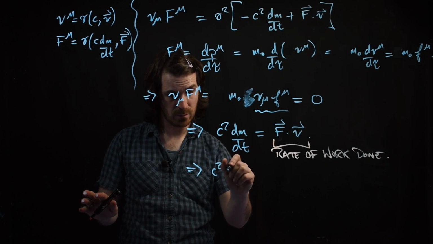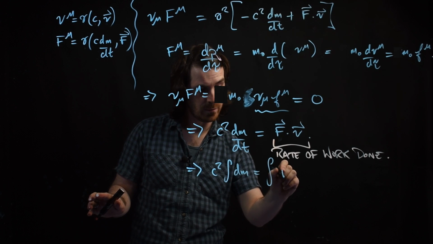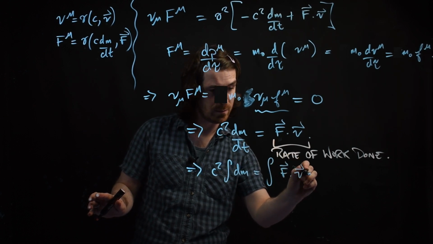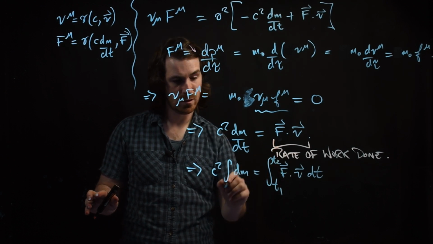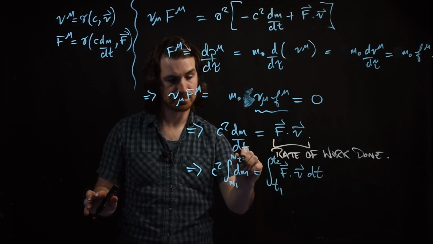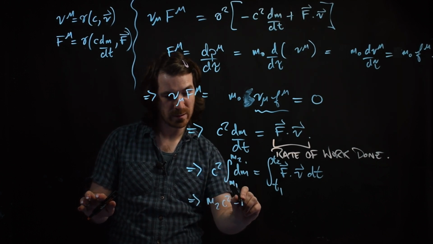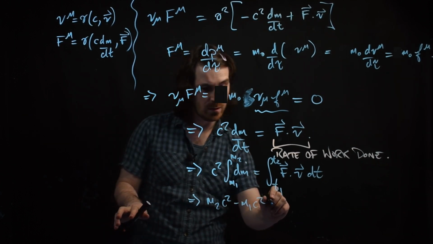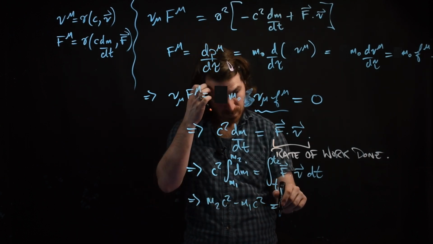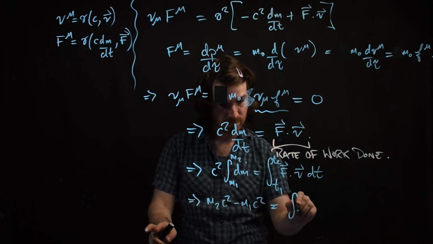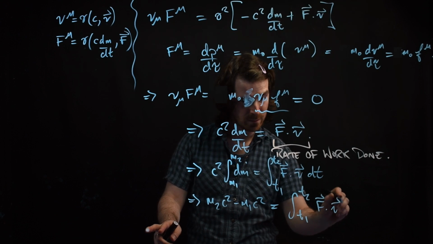So we have c squared times the integral dm equals the integral of f dot v dt between two times, say t1 and t2, and this is m1 and m2. So this means that m2 c squared minus m1 c squared equals the integral from t1 to t2 of f dot v dt, the change of energy.